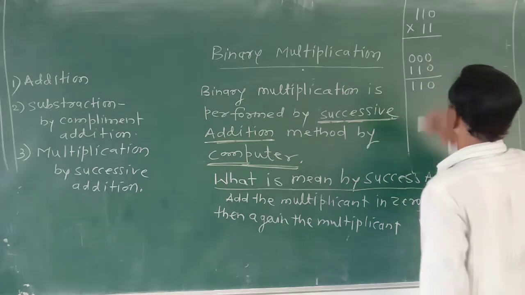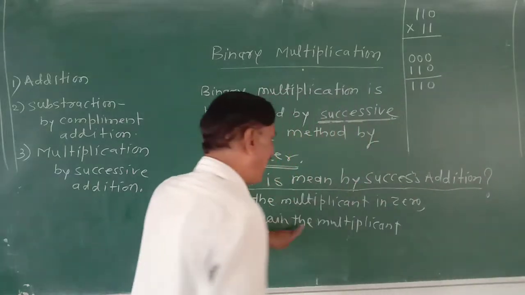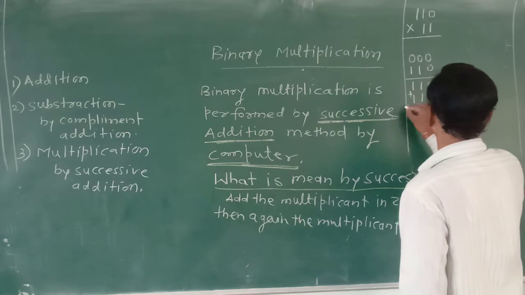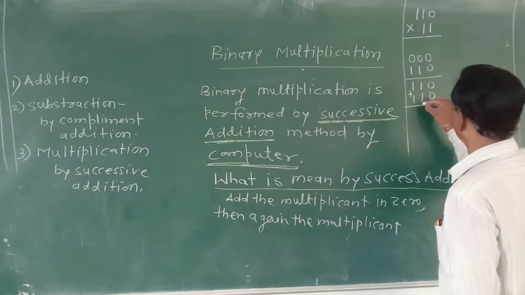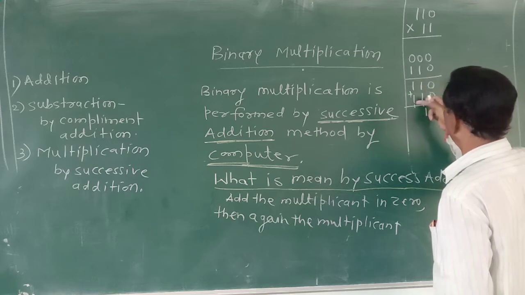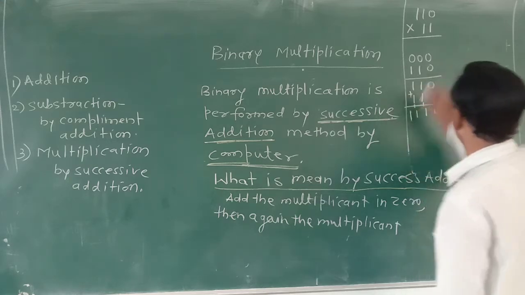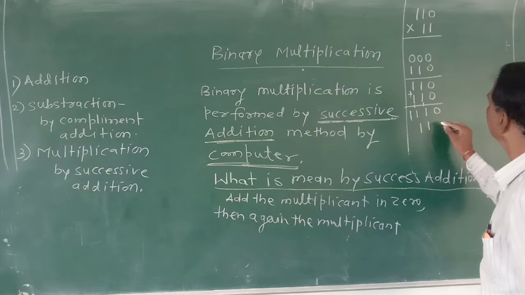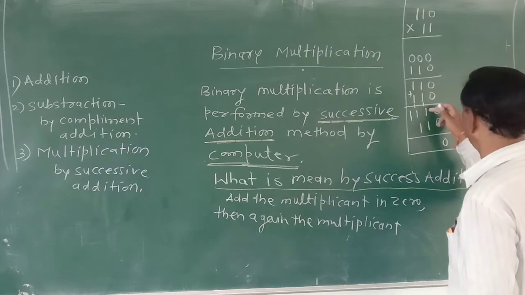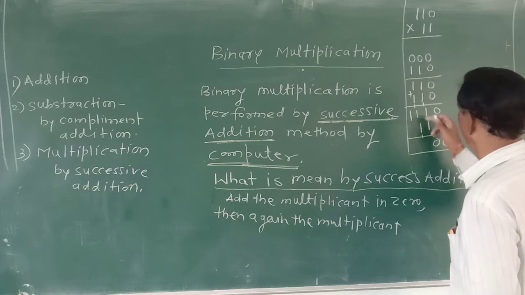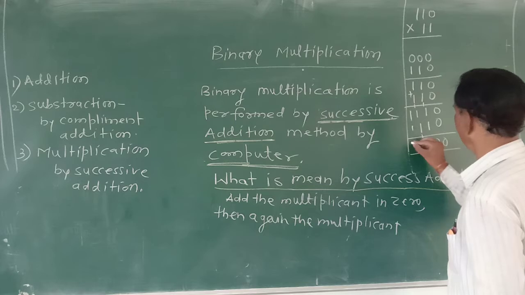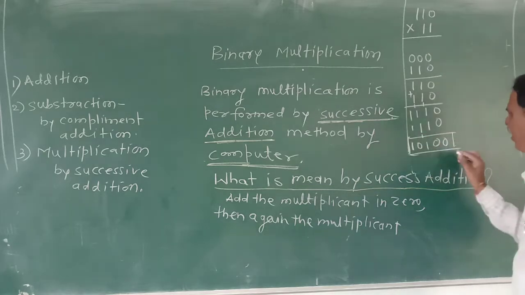The answer is the same. Then again add the multiplicand: 1 1 0 0 0 0, carry 1, 1 1 1 1 sum is 1, carries 1. Again add. Now the answer is 0 0 0 1 1, sum is 1, carries 1, 1 1 1 1 sum is 1, carries 1. Look, this is the answer.